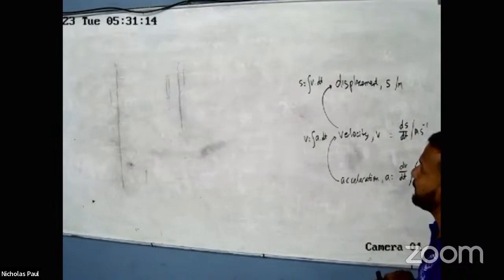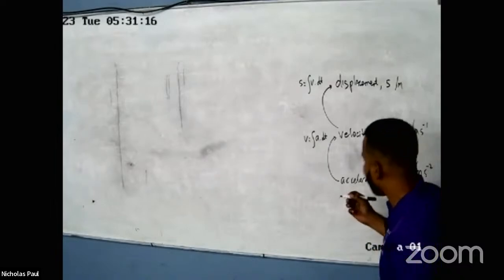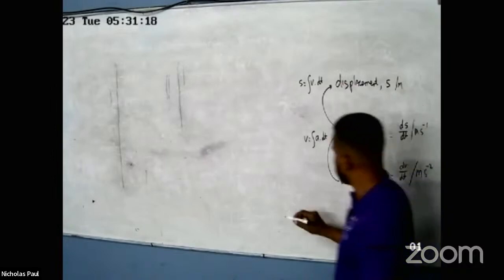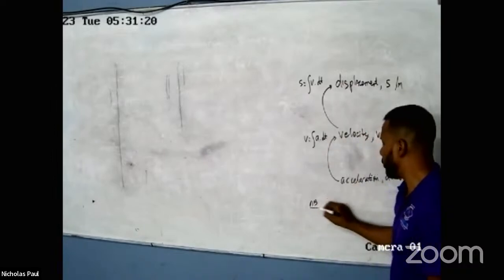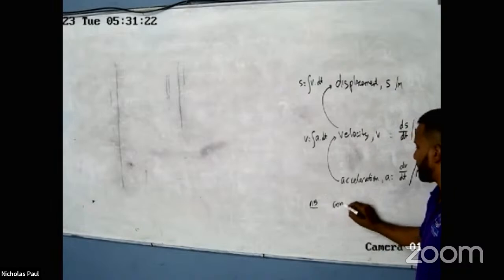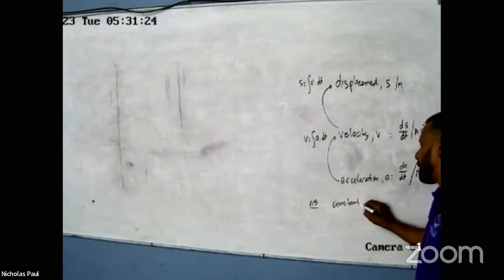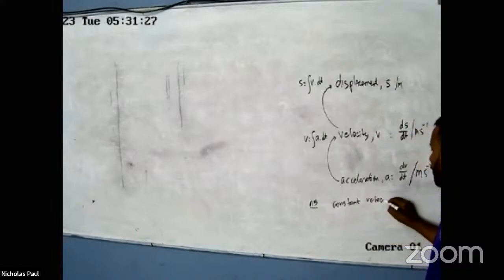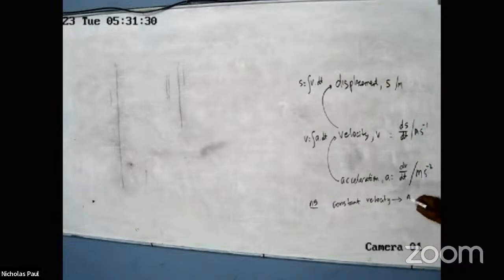One thing that we need to remember, a couple of things. Note that if you have constant velocity, sometimes you see this word, what that means is that you have no acceleration. So constant velocity means the velocity remaining the same and you have no acceleration.